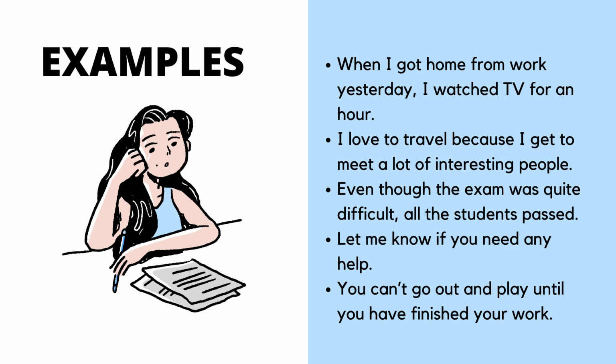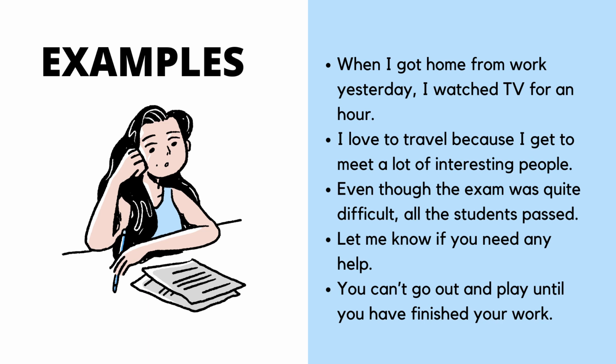So now, I hope that you will easily be able to tell which are independent and dependent clauses in the following sentences. So, pause the video and try to figure out the answers on your own before you hear my answers.